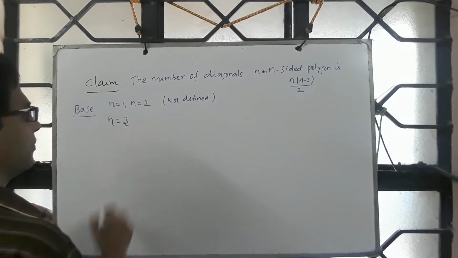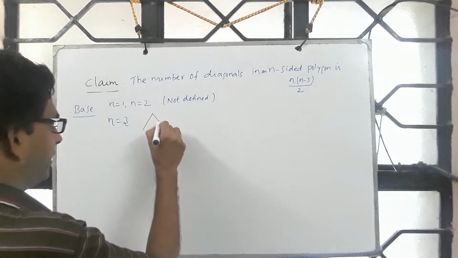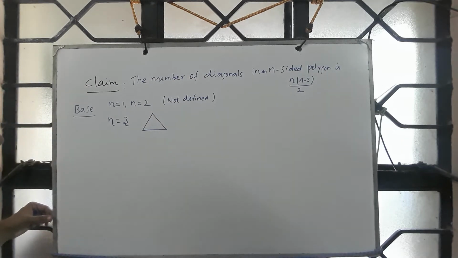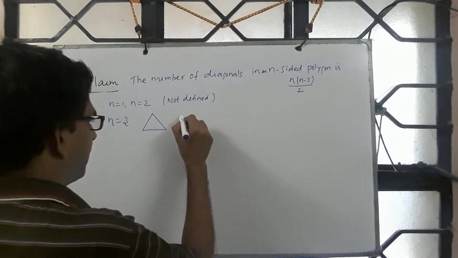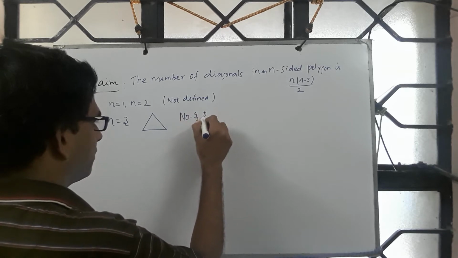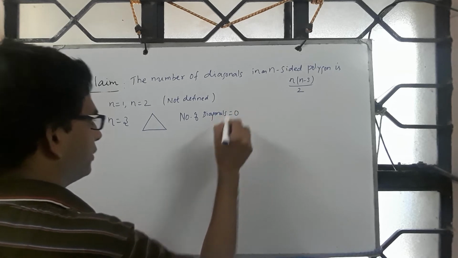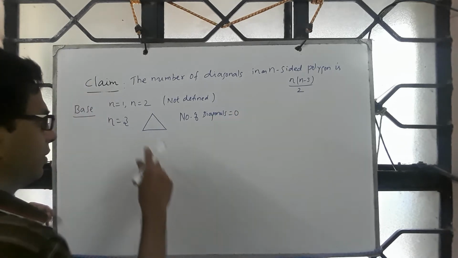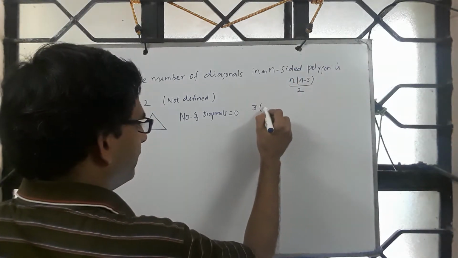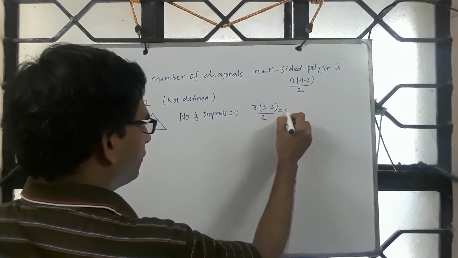Look at n equal to 3. This is your three-sided polygon, and the number of diagonals is 0. Look at this picture, there are no diagonals. Verify: 3 into 3 minus 3 by 2 is 0.